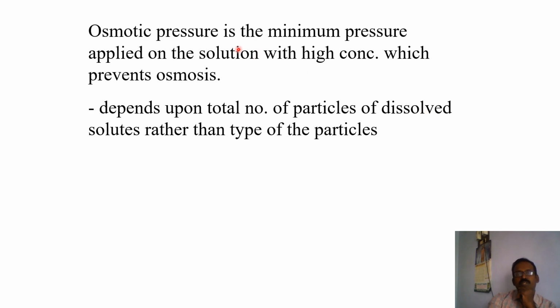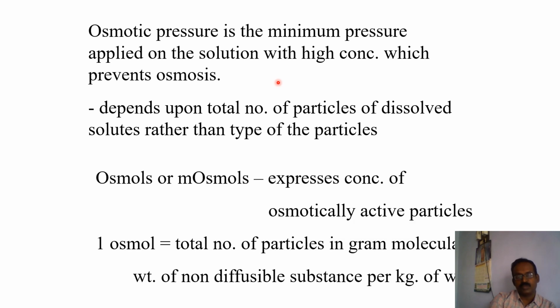The osmotic pressure is the minimum pressure applied on the solution with higher concentration which prevents osmosis. That osmotic pressure, which prevents osmosis, depends on the total number of particles of dissolved solute rather than the type of particles. So the number of particles maintains the osmotic pressure.